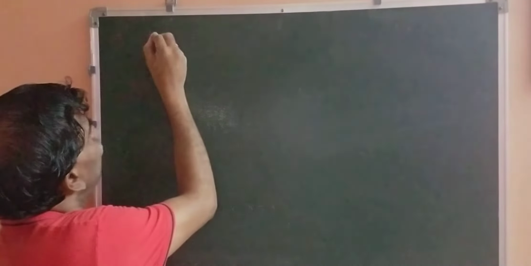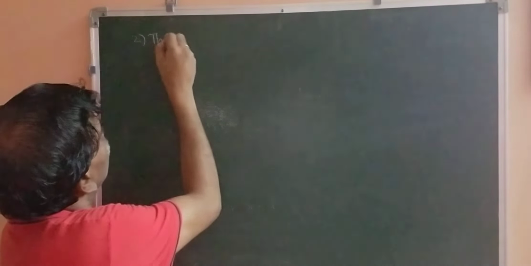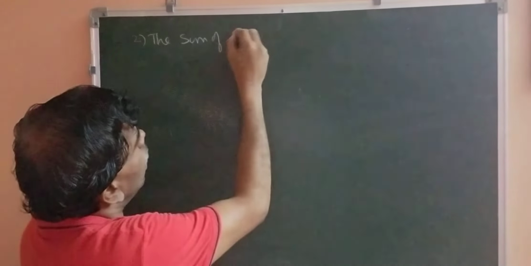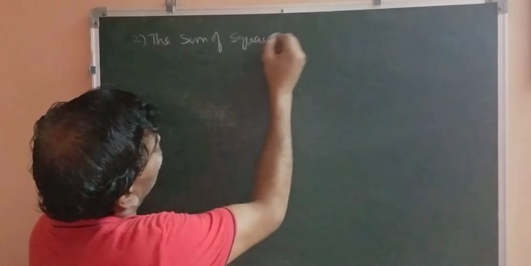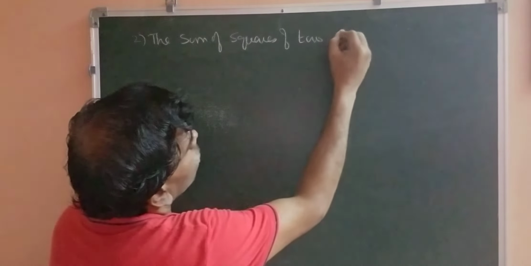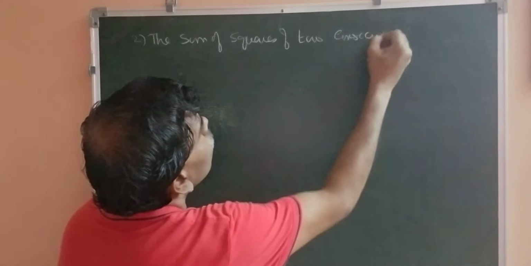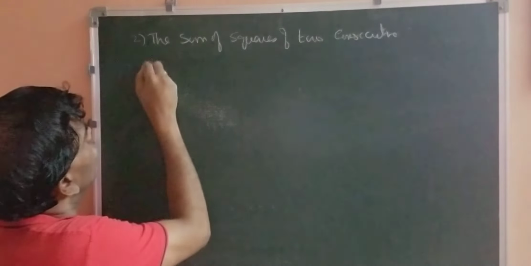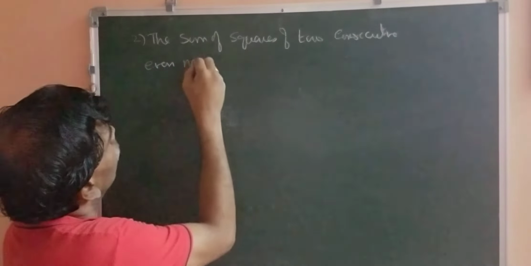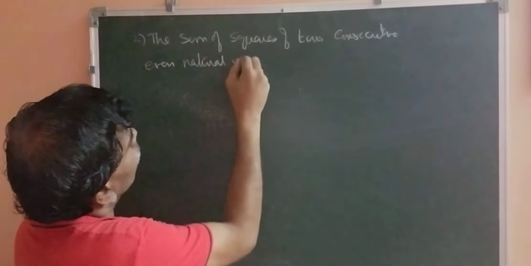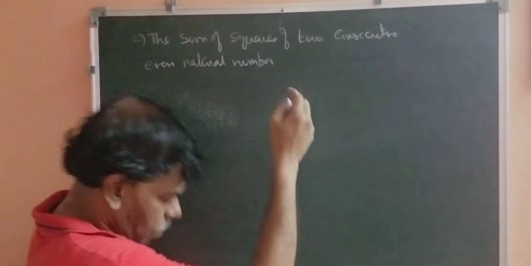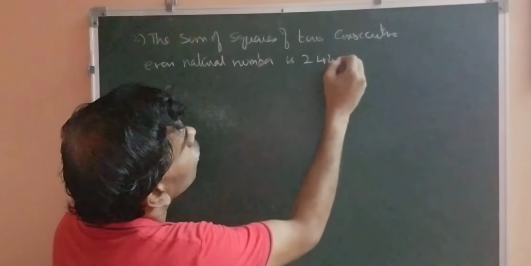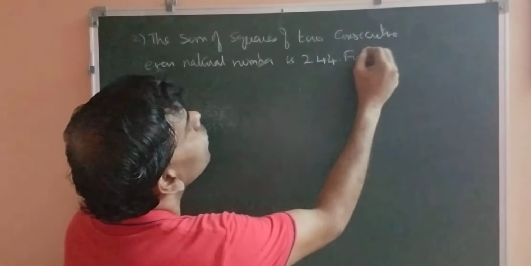The sum of squares of two consecutive even natural numbers is 244. Find the numbers.